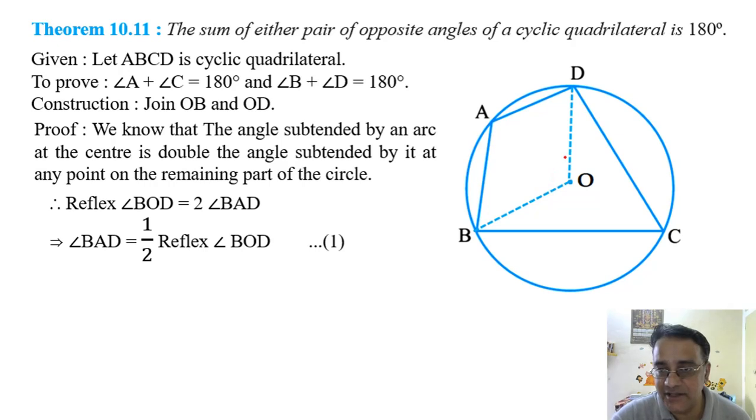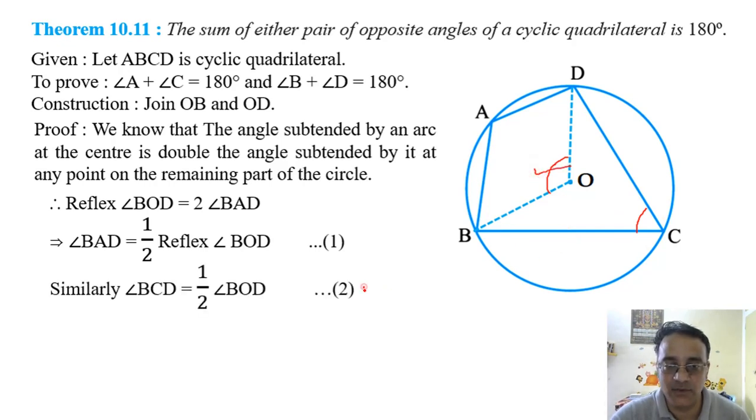Similarly ये वाला जो एंगल है, angle BOD, not reflex angle, angle BOD is 2 times of this angle. Okay, so ये जो एंगल है, angle BCD will be half of angle BOD. Is this equation clear? Yes, sir. Okay, now we are going to add these two equations, equation 1 और equation 2 add करना है.